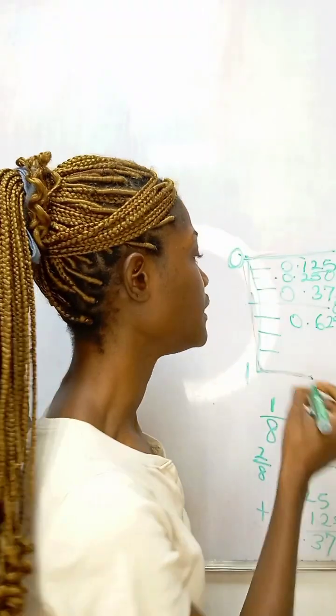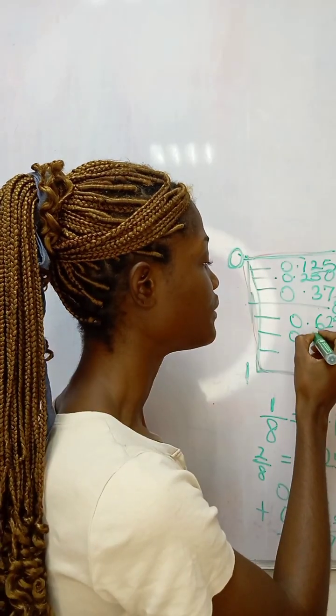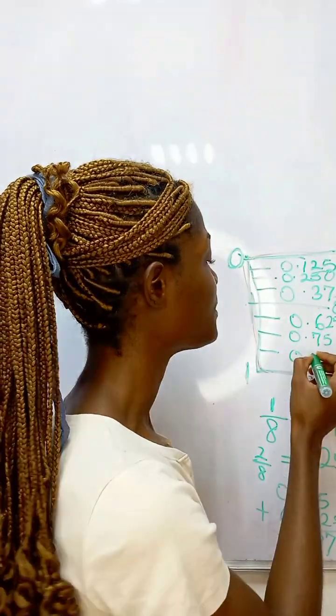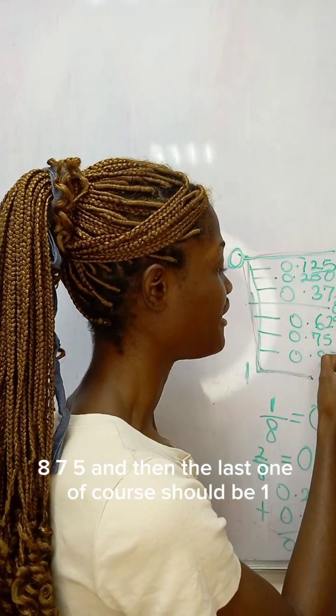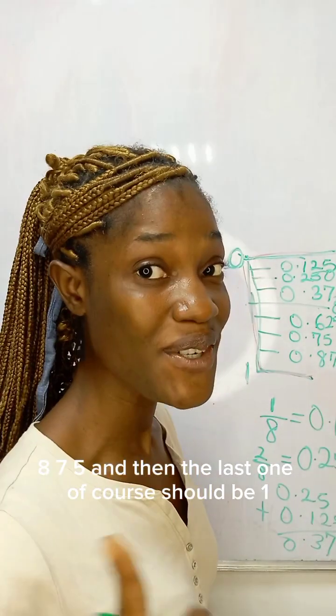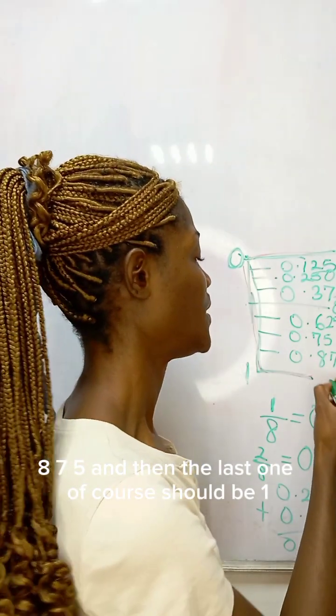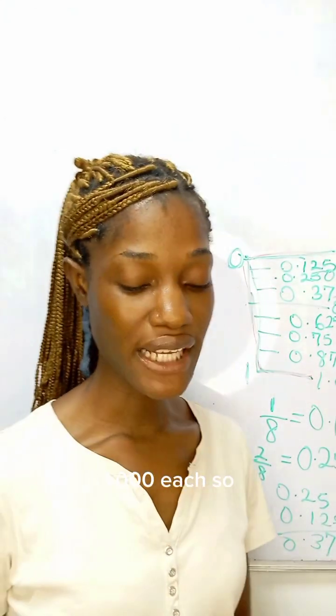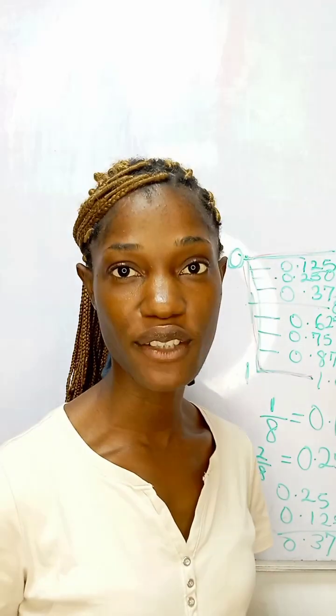The next one should be 0.75. The next one should be 0.875. And then the last one, of course, should be 1.000 inch. So that's how you read the inch part of your tape.